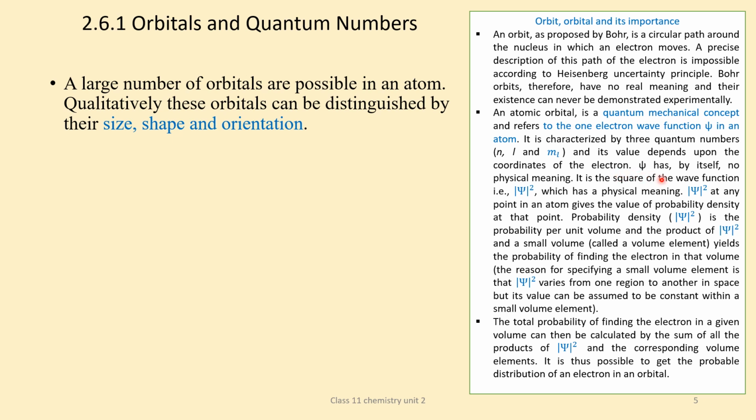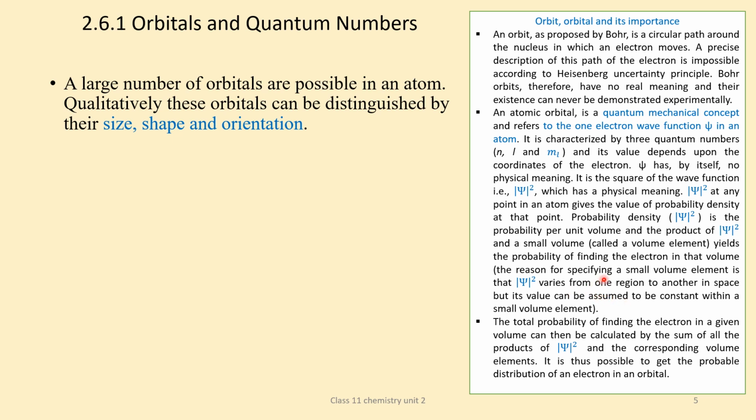Psi has by itself no physical meaning, but the square of the wave function, psi square, has a physical meaning. Psi square at any point in an atom gives the value of probability density at that point. Probability density psi square is the probability per unit volume, and the product of psi square and a small volume called a volume element yields the probability of finding the electron in that volume.